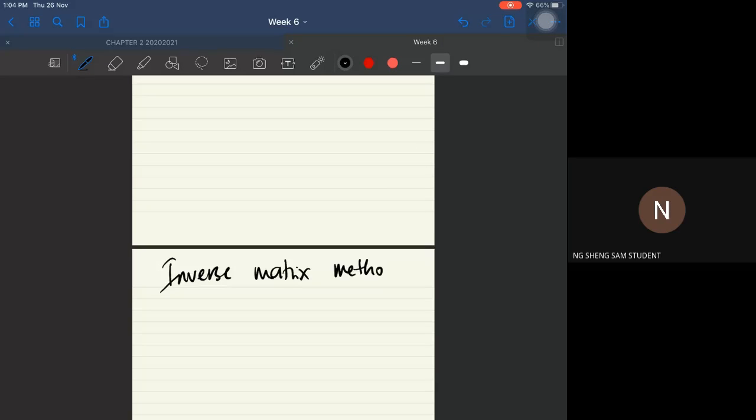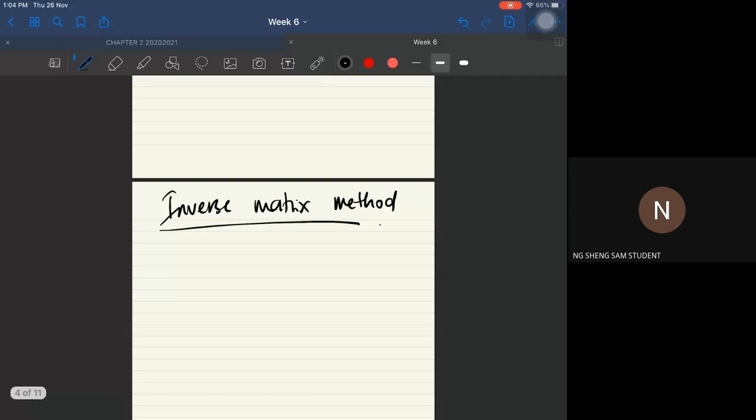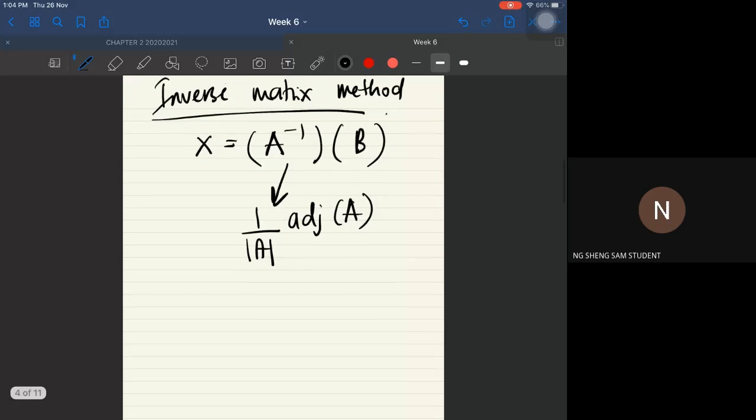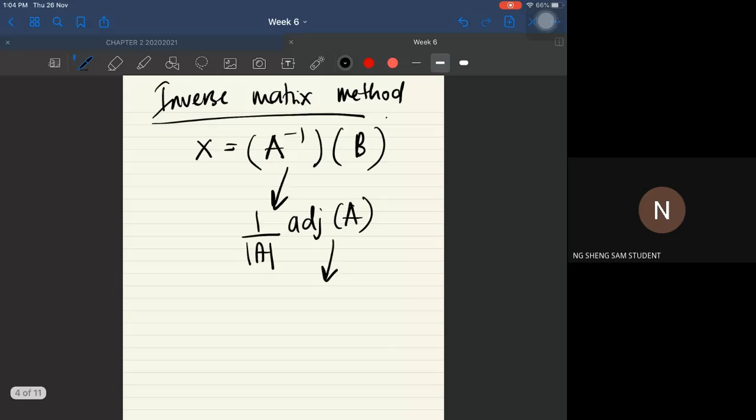Okay, when you have a system of linear equation and you nak solve menggunakan inverse matrix method, you tahu X sama dengan A inverse darabkan dengan matrix P. Okay, and macam mana nak dapat A inverse ni menggunakan cofactor method, which is 1 over determinant darabkan dengan adjoint A. And macam mana nak dapatkan adjoint ni adalah cofactor transpose.